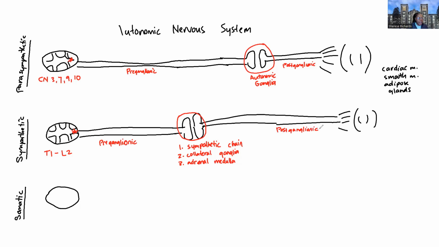All right. Now let's talk about the anatomy of the myelination of the fibers here. So we have gray ramus fibers versus white ramus fibers.